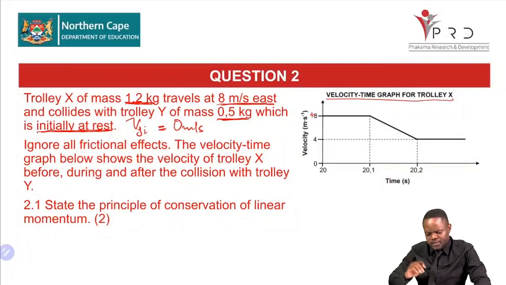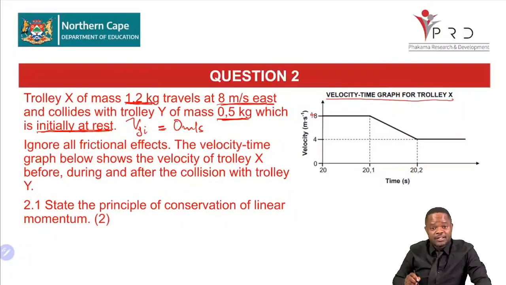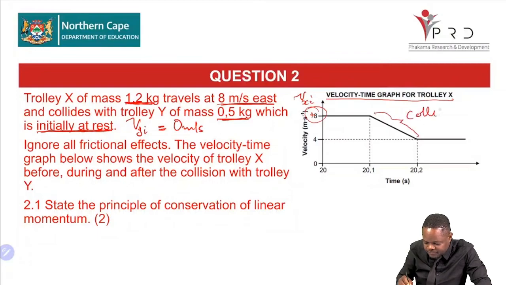Before attempting the questions, let's analyze this graph. From the graph we can see that this is the initial velocity of trolley X, Vi. And then you see this section where the velocity is decreasing. This is the section of our collision.